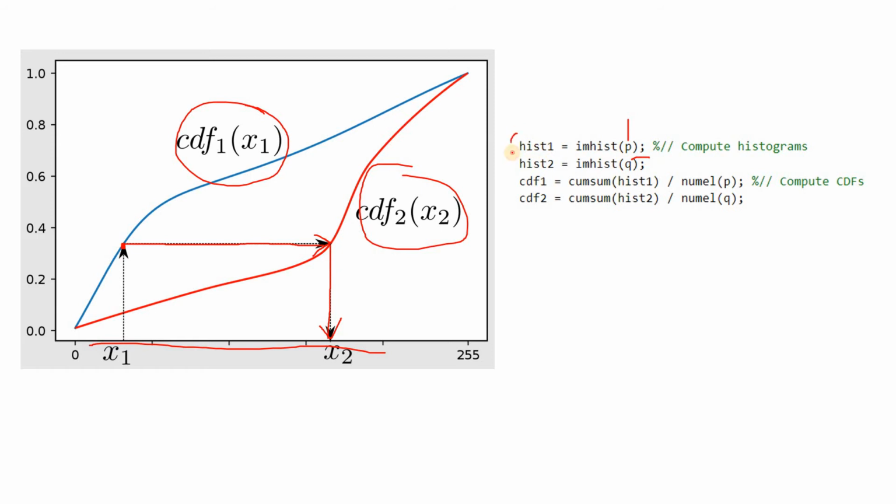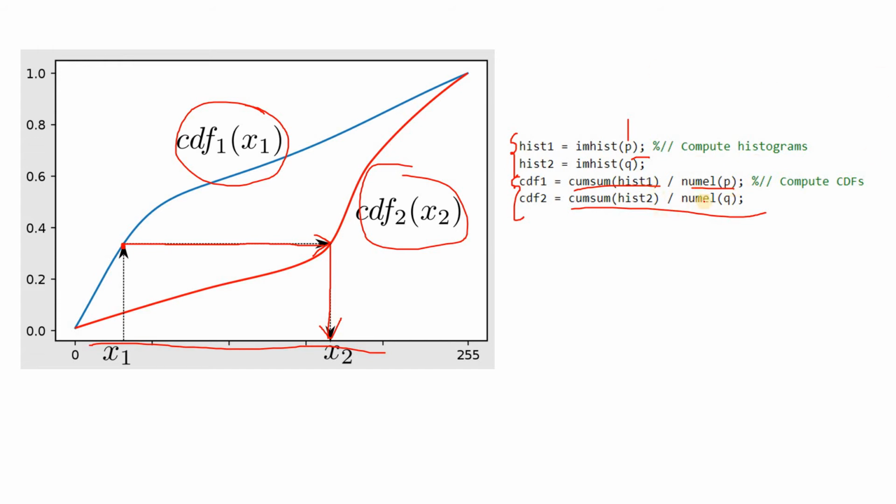Using imhist we can compute the histogram, and then to compute the probability distribution and then the cumulative distribution, we can just execute these two lines. Cumsum, that is the cumulative sum, it will do, and divide by the total number of elements, that is nothing but the cumulative distribution function. That is, instead of computing probability and then taking the cumulative sum, first we take the cumulative sum and divide each element by the total number of elements.